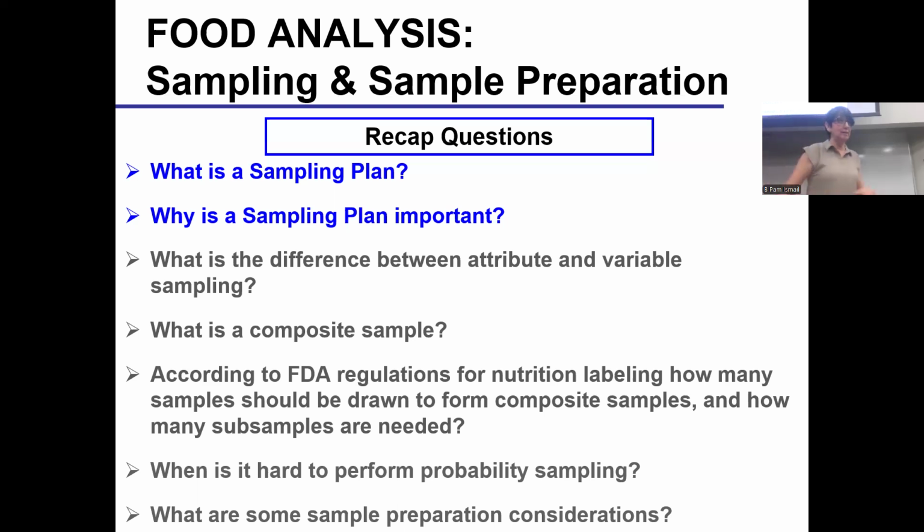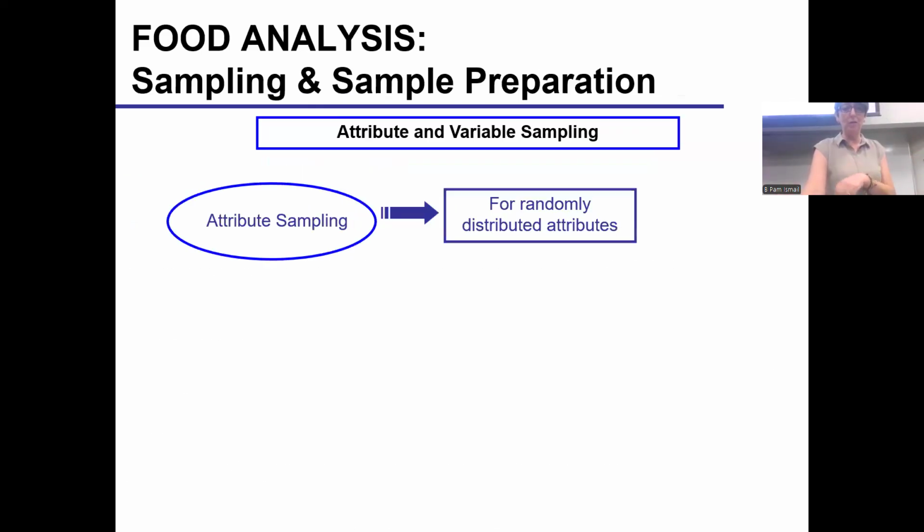Although, like I said, this is a dry topic, it's a very important topic in analysis: how do we sample and put together a sampling plan. Okay, and all of these other questions in gray, we'll cover them later, and these will be good study questions. All right, so there are two types of sampling.